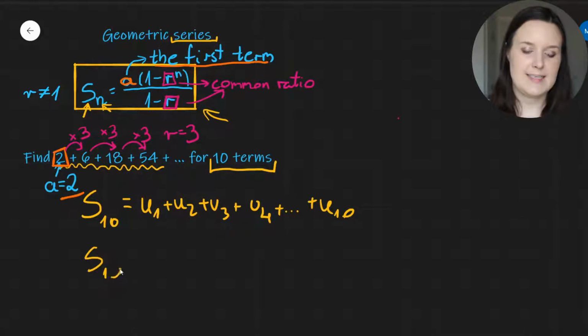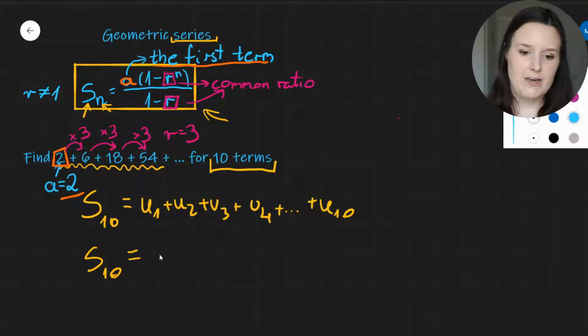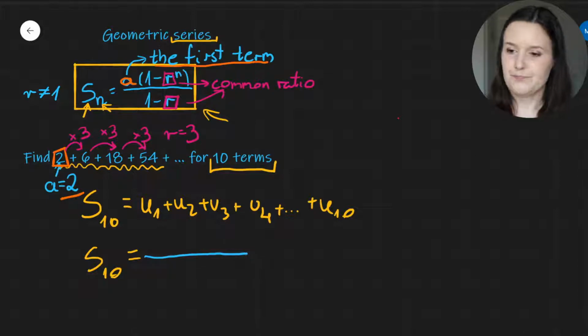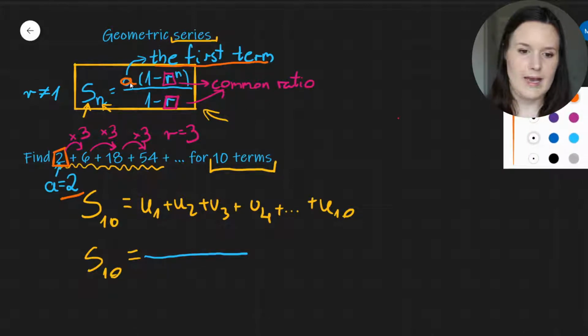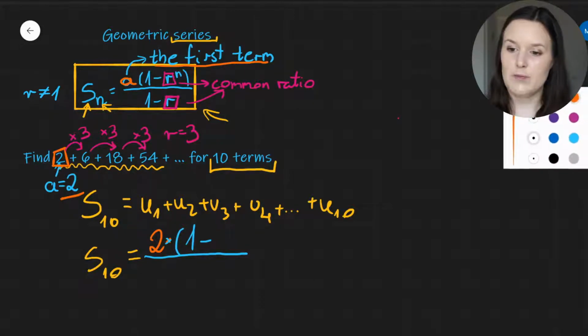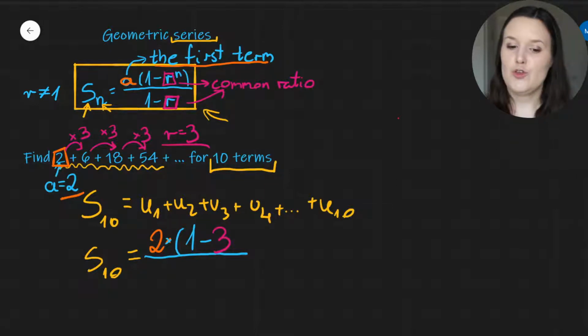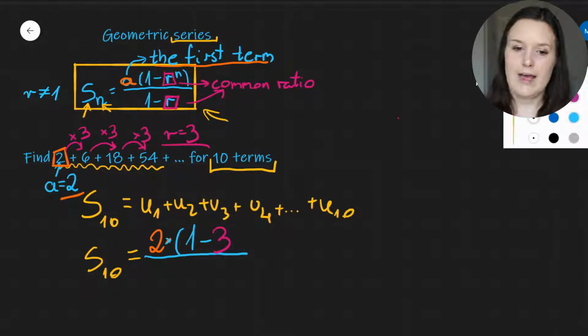So we want to find S10, which means that we want to add the first 10 terms. And the formula goes like this. First, I take A, so the first term, 2, times. Open the bracket, and in the bracket you have 1 minus R, so the common ratio, which is 3, to the power of n.